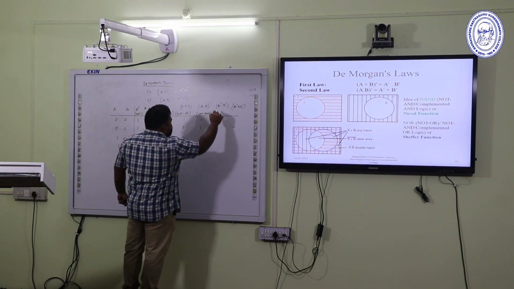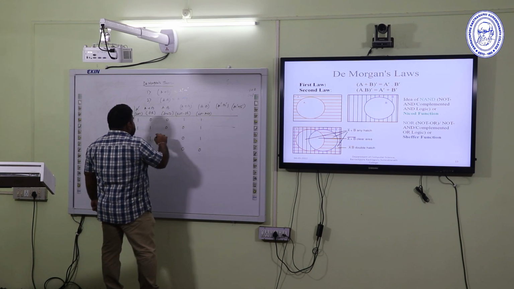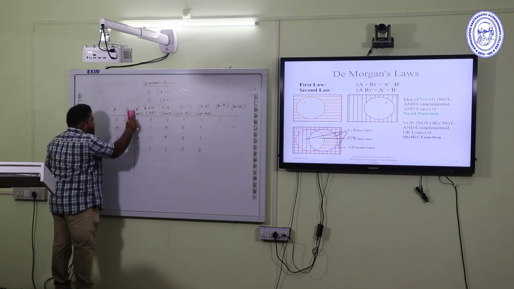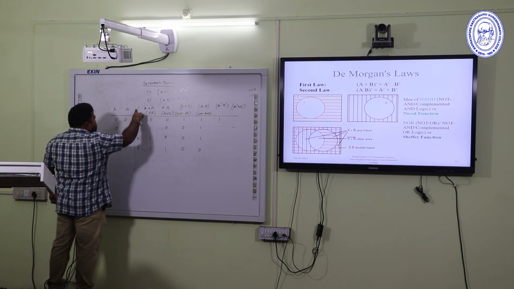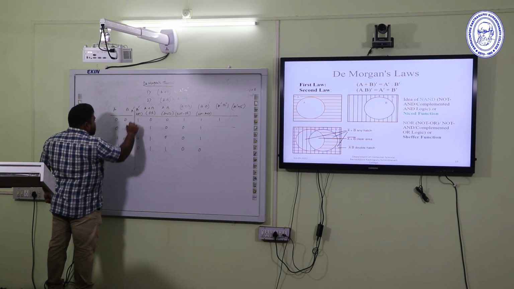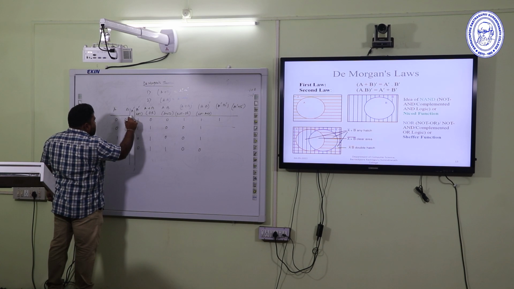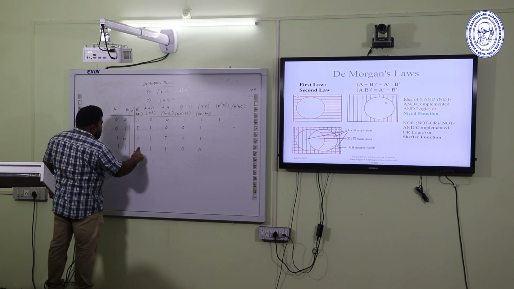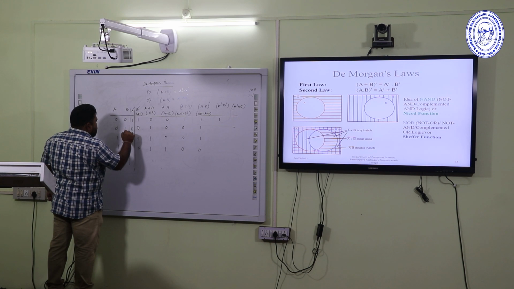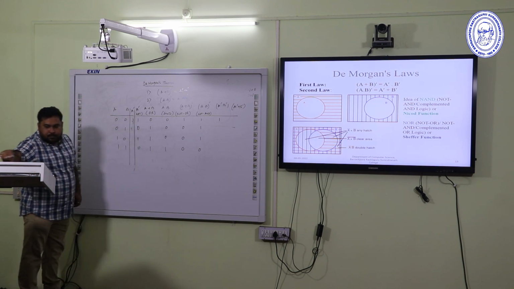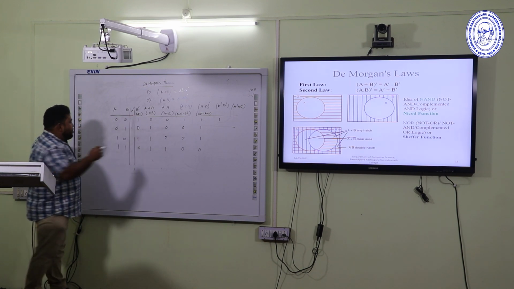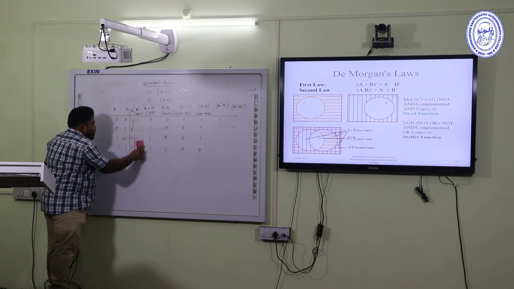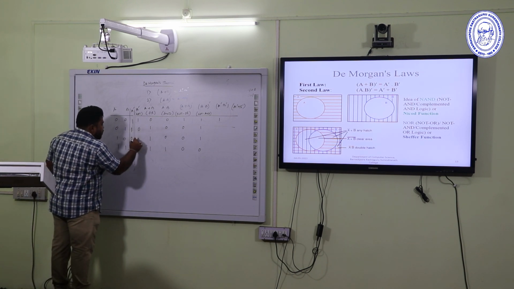From this equation we can find a prime dot b prime, where a prime is 1, 1, 0, 0, and if we take b prime, it is 1, 0, 1, 0.